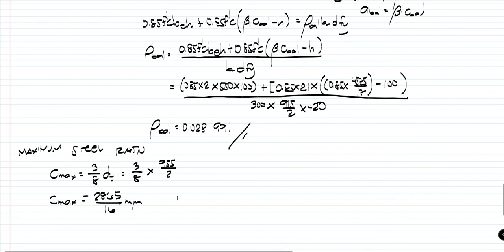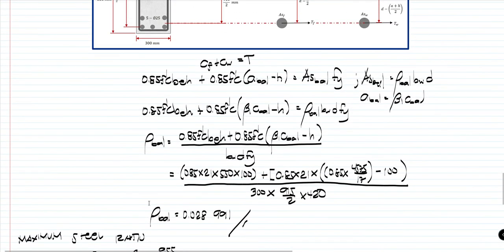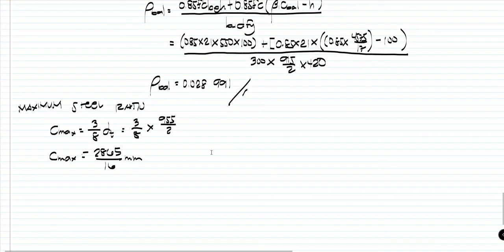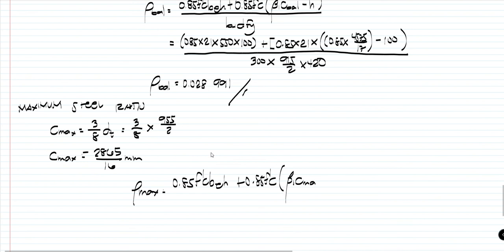Then yung part ng raw max natin, hindi ko na i-derive kasi this is just the same derivation as this one. Ang mag-iiba lang yung beta 1C balance nga at magiging beta 1C max yan. So our raw max is just equivalent to 0.85 F prime C BEH plus 0.85 F prime C, that is beta 1C max minus H over BW dFy.